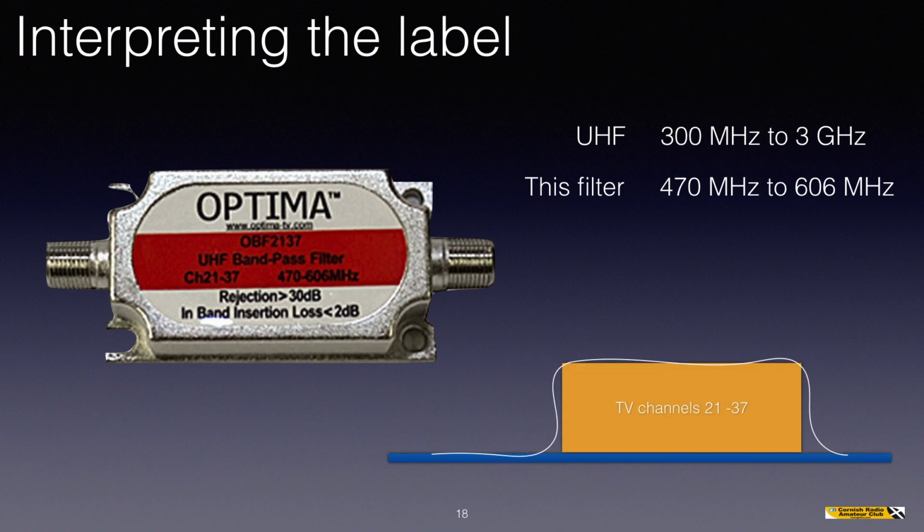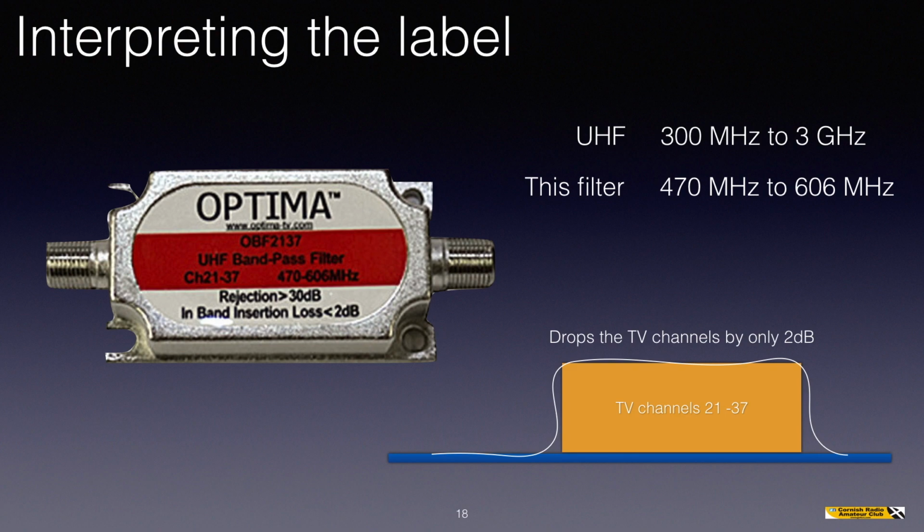It also says that the rejection is greater than 30 dB and the in-band insertion loss is less than 2 dB. So there we are on the graphic at the bottom. TV channels 21 to 37 are passed, and the level is dropped by 2 dB. And that's not a huge amount, but you need to have enough signal coming in to be able to tolerate that.